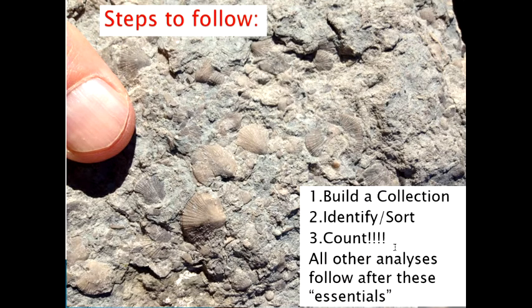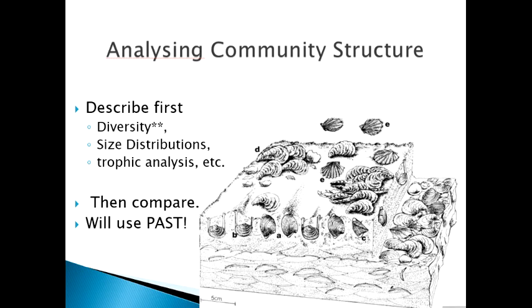It's very important to get an idea of the relative abundance of each of the taxa that you see in this process. This is called discerning or describing the community or paleocommunity structure, how this community of organisms is structured.